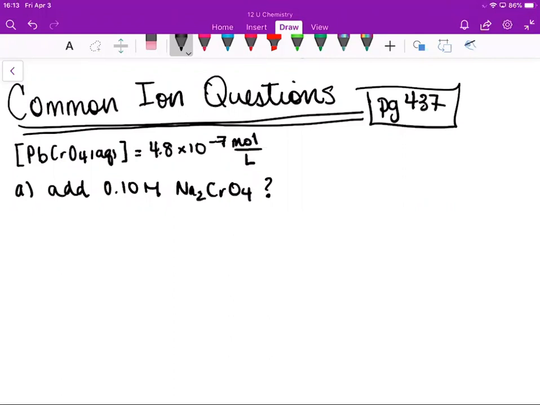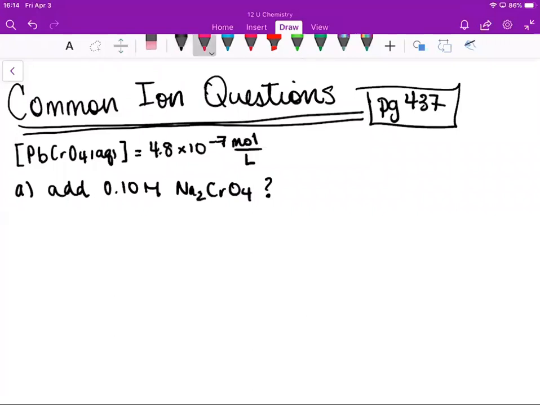The solubility of pure lead II chromate in water is 4.8 times 10 to the minus 7 moles per liter. A. Qualitatively predict how the solubility will change if lead II chromate is added to a 0.1 mole per liter solution of sodium chromate.